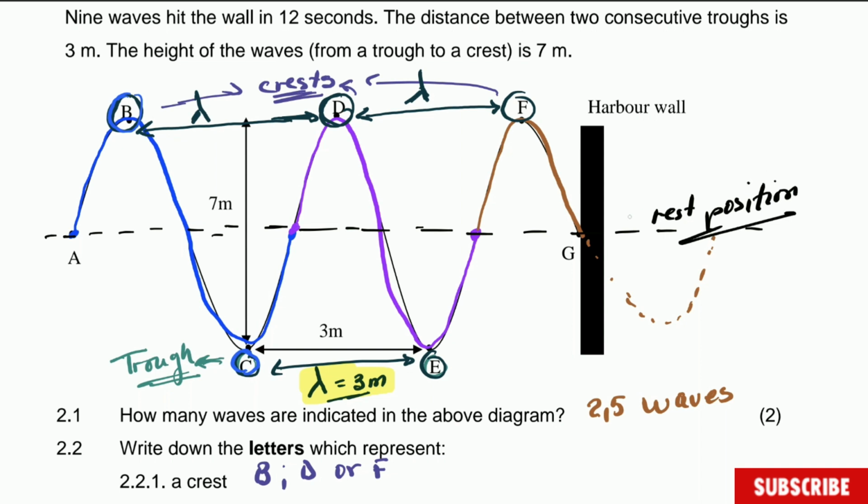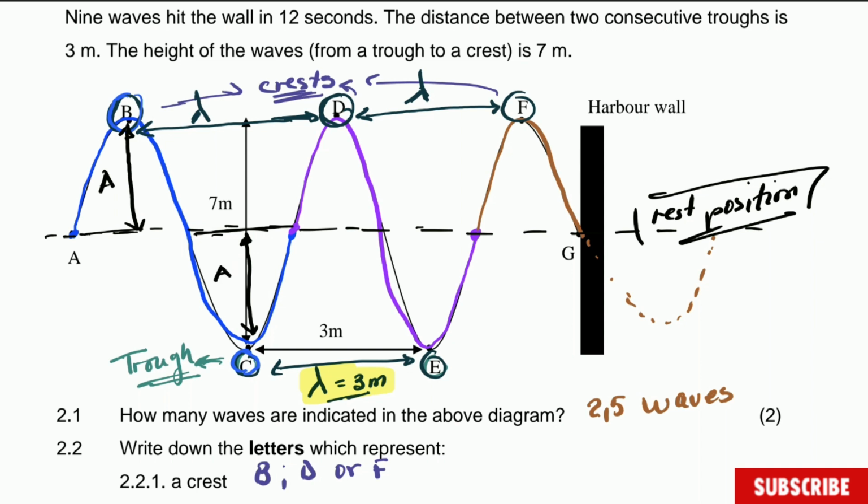This one is rest position at that point. So the amplitude is the distance from the position of rest to the crest. This one represents the amplitude, with 1A I'm going to represent it, or from there to a trough. That one is the position at the amplitude.